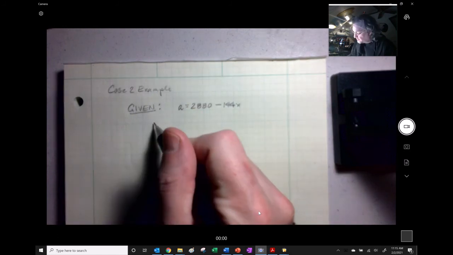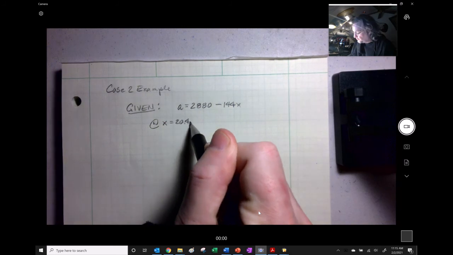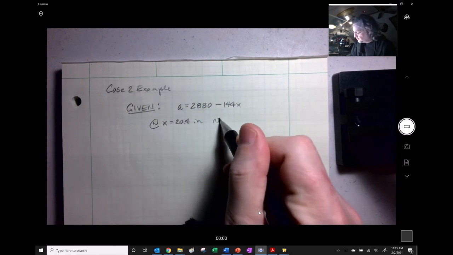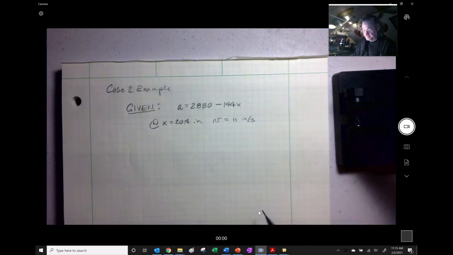And at x is equal to 20.4 inches, v is equal to 11 inches per second.